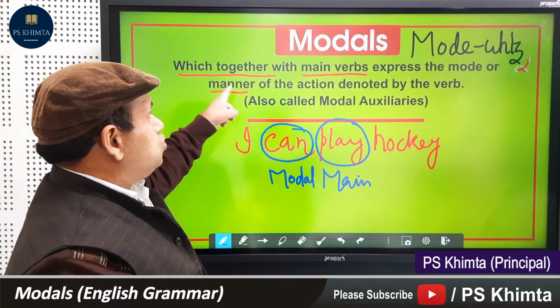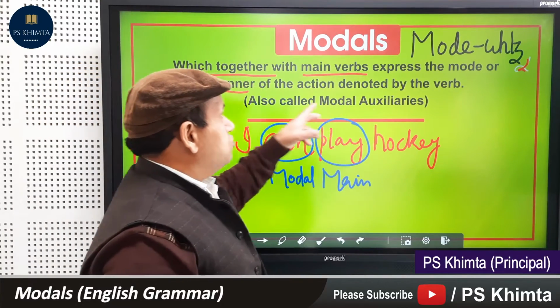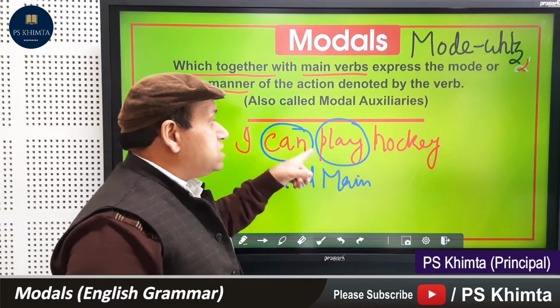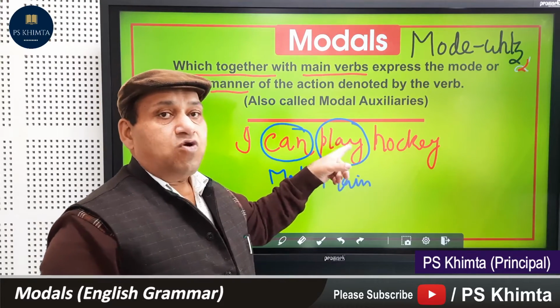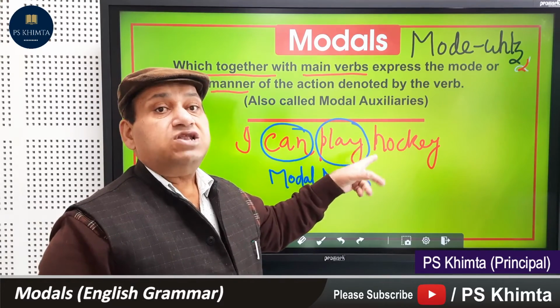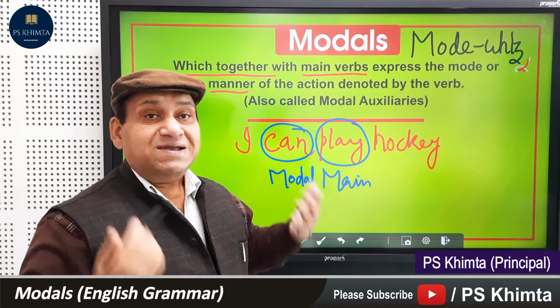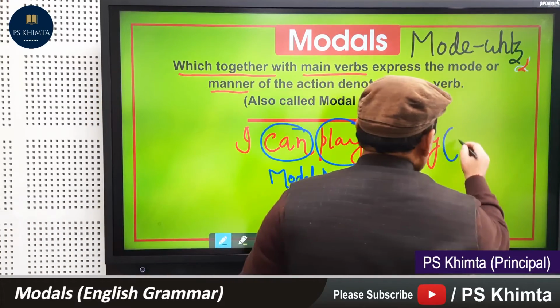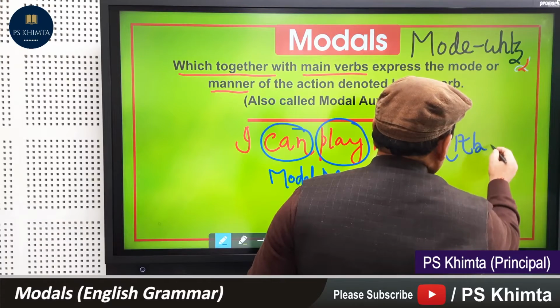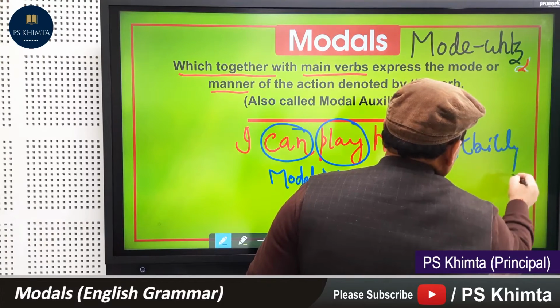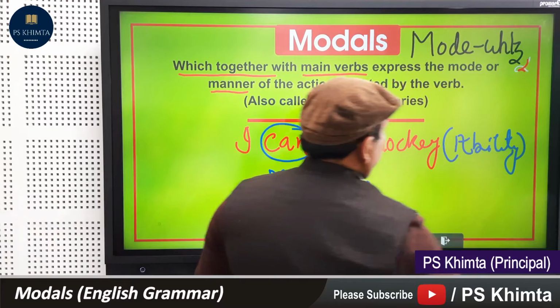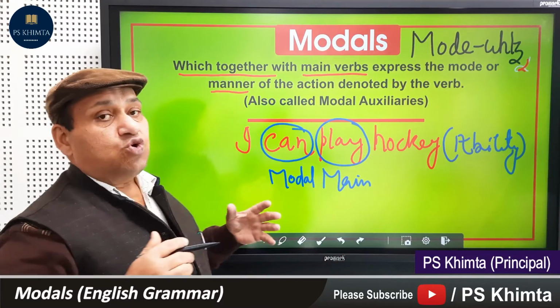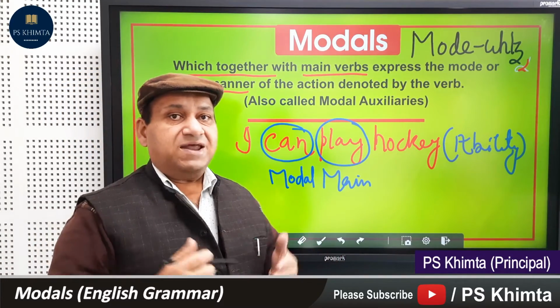As I said, together with the main verb it expresses the mode and the manner. It is expressing the mode, that what you are going to do, that you can do. It is showing the ability. I can play. It is showing the ability of a person. So this is called a mode, or this is called a manner.